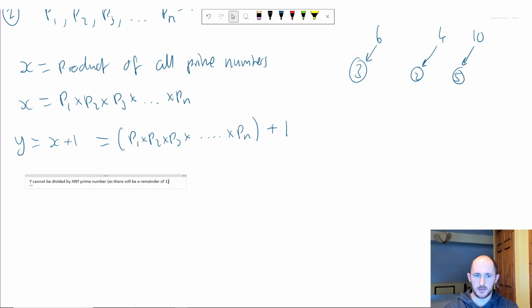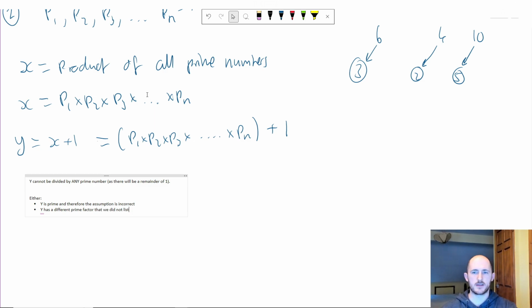So, the only option, well, there's two options technically. So either, whoa, careful, either y is prime and therefore the assumption is incorrect, which means it's proof by contradiction, or y has a different prime factor that we did not list.